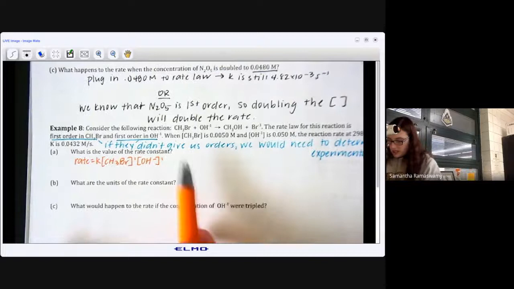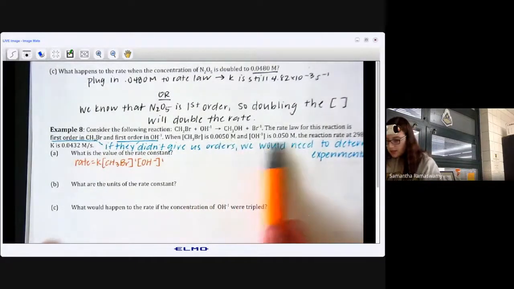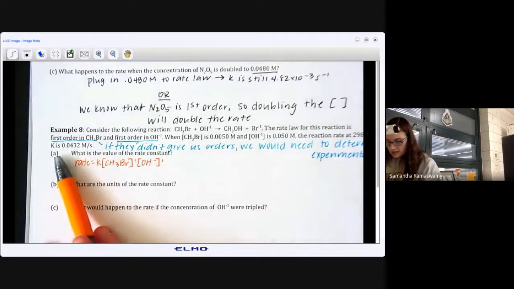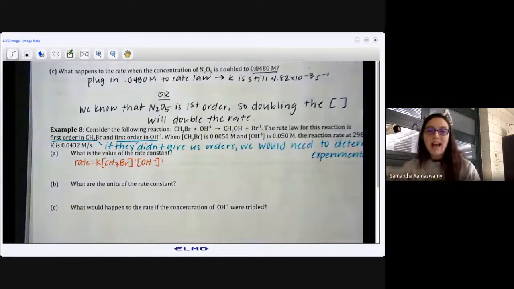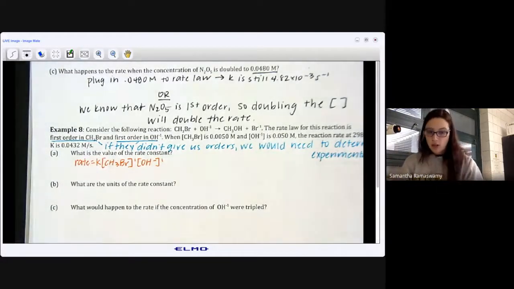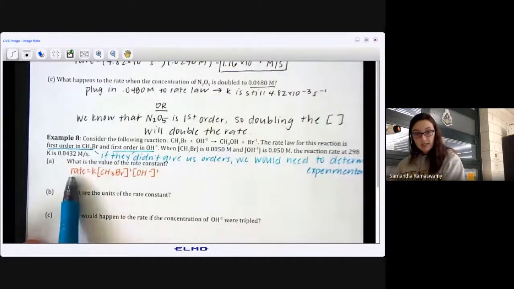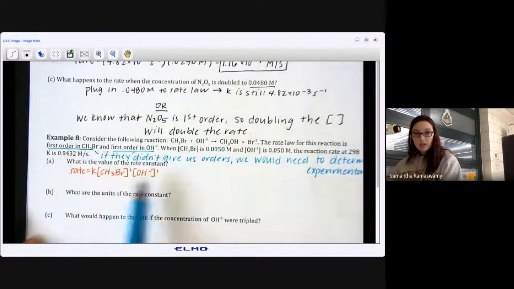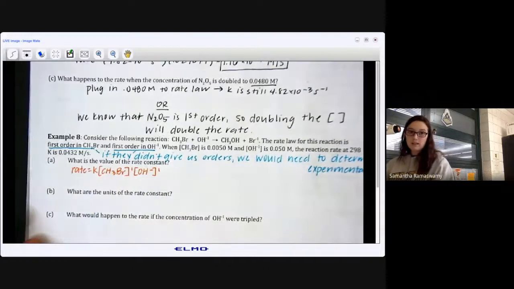This says when CH3Br is 0.005 molar and OH minus is 0.05 molar, the reaction rate is 0.0432. Now in this problem, they're giving us the rate and each of these concentrations, and they're asking us to find K.